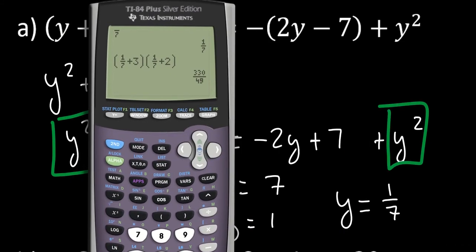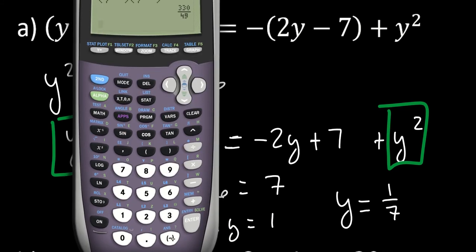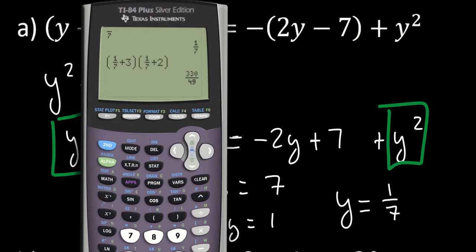Let's see what the right hand side becomes with that value. So on the right hand side it is the opposite of, notice I'm using this button on my keyboard to get it, so I'm hitting the opposite of, and then open parentheses, 2 times, go grab that 1/7, there it is, and then minus the number 7. I close the parentheses, and now I need to go grab the 1/7, and I need to, oh, I forgot to add, oops, my bad.